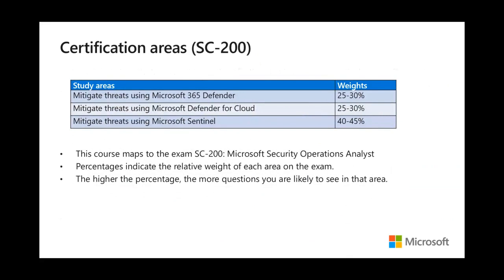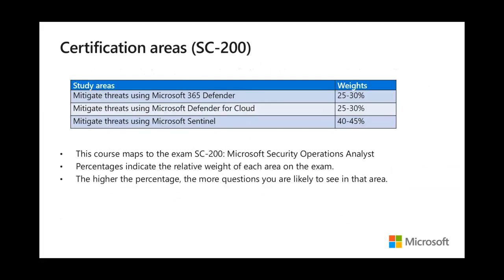Looking at certification areas, when you are enrolling to take the official exam, to see if you can score at least 700 points and receive your certification, the exam is divided into 3 main study areas.